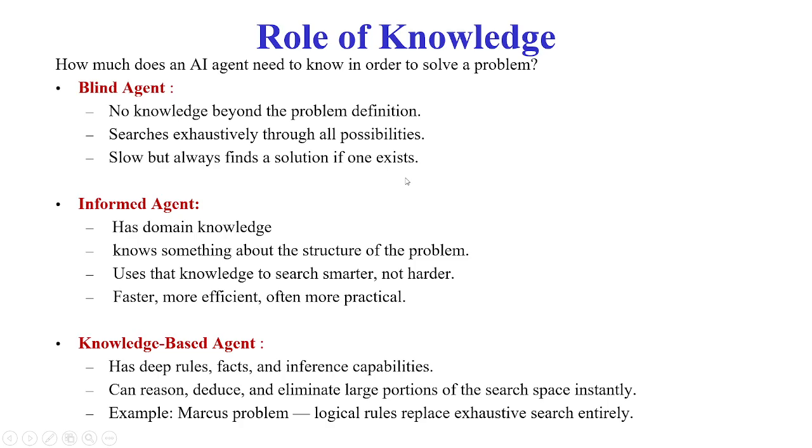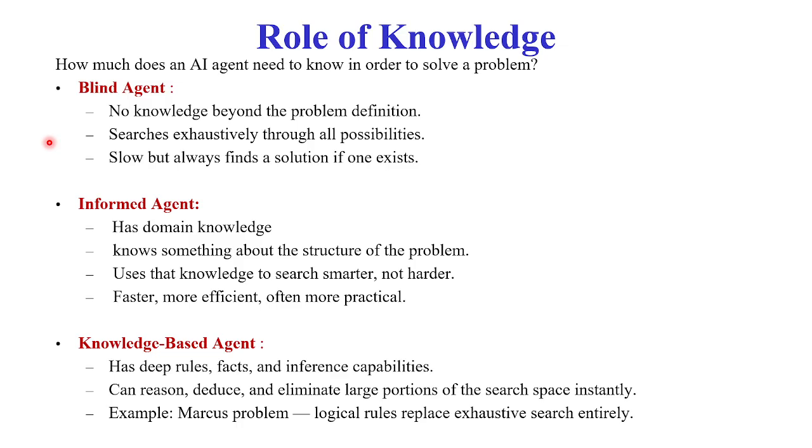To understand this, there are three distinct levels of how much the agent should know about the environment. The first one is the blind agent.